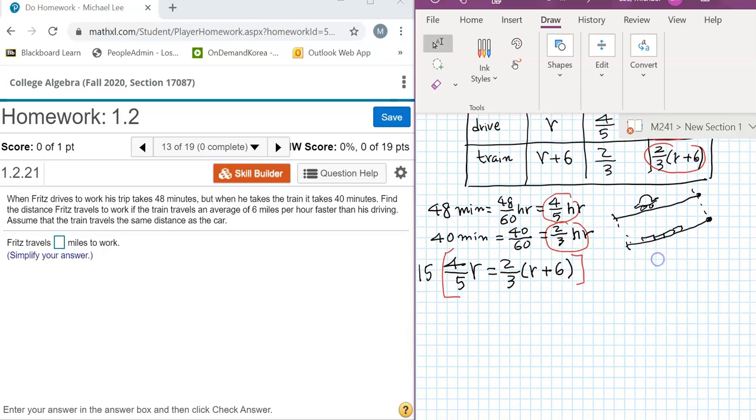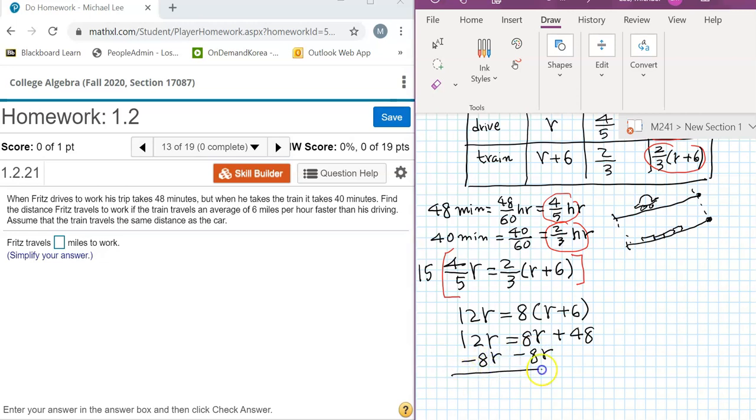So the equation becomes 12R, 5 go to 15 3 times, equal to 8R plus 6. So 12R equal to 8R plus 48. You subtract 8R from both sides, and then you get 4R equal to 48, right?